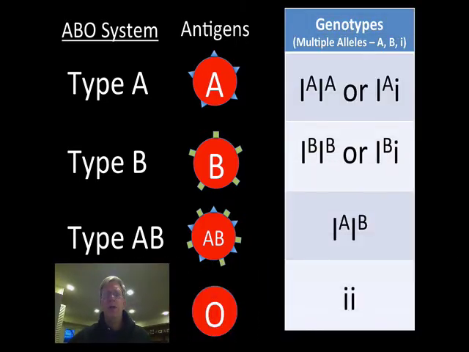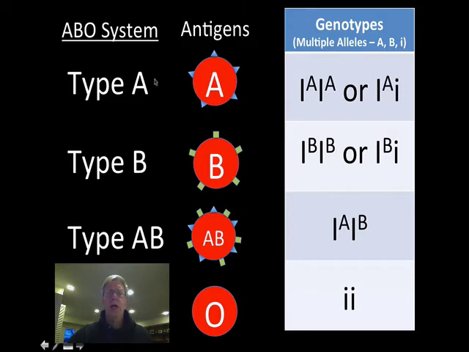So how are these blood types acquired? Obviously, just like other traits, they are given to us by our parents. One parent will give us one allele, another parent will give us a second allele, and as with most traits, they are controlled by two alleles.